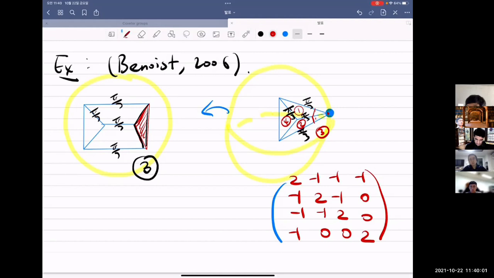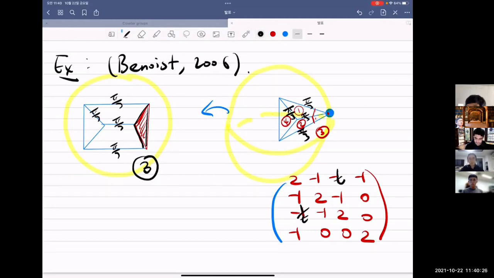But now I can make a slight change: t here, and here I change to 1 over t. This is still a Cartan matrix in projective geometry, right?